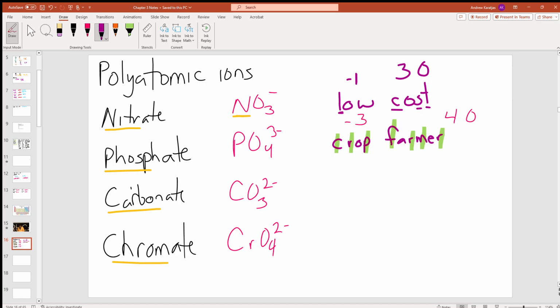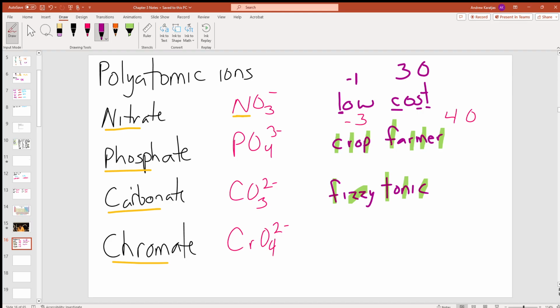Carbonate might make you think of carbonation, or a fizzy tonic. Fizzy has 1, 2 consonant sounds. That gives you -2 charge. And tonic has 3 consonant sounds, which gives us 3 oxygens.